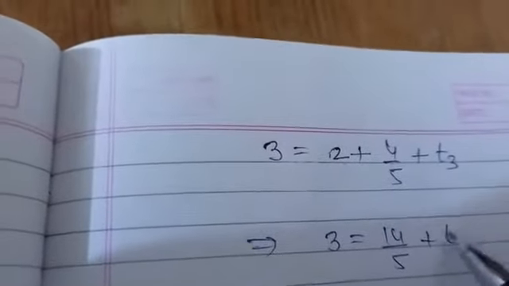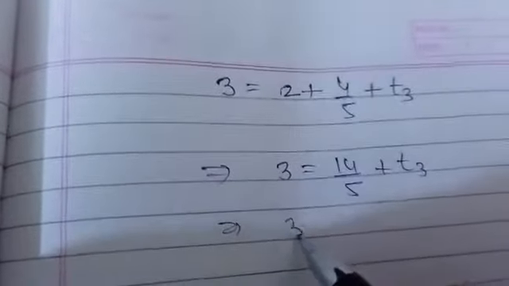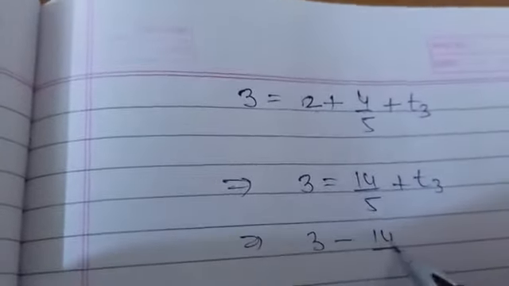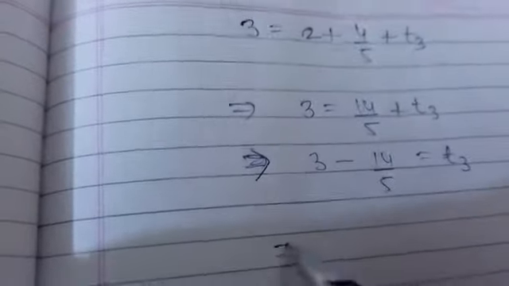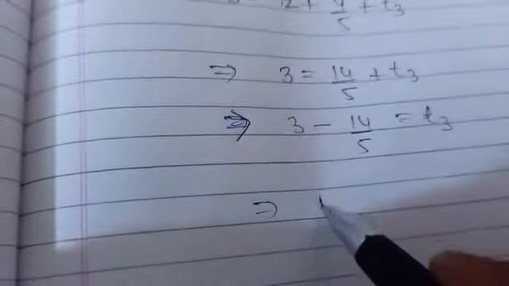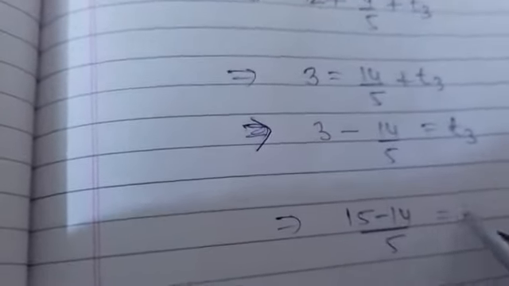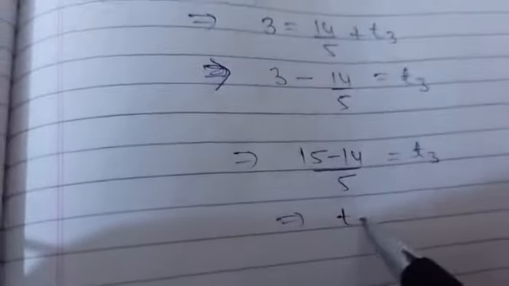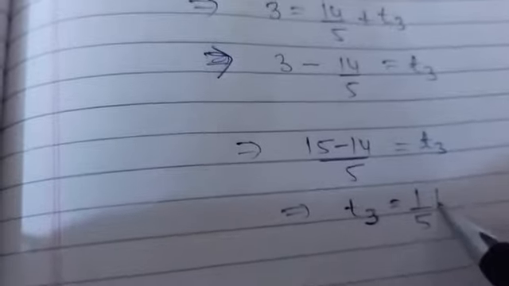You can solve this, I am directly solving and telling you. We'll take this to this side, it becomes 3 minus 14 upon 5 equals T3. Now if we solve this, 15 minus 14 upon 5 equals T3. That means the third time becomes 1 by 5 hour.